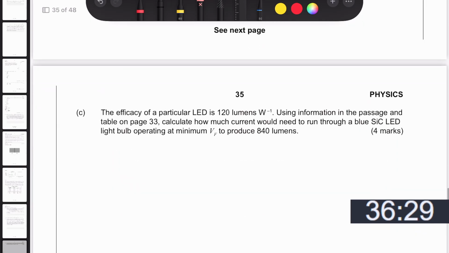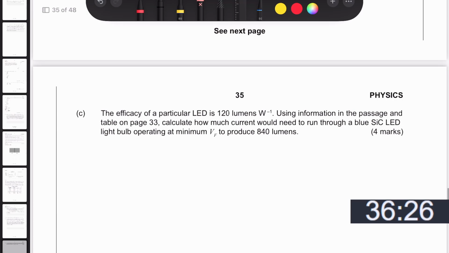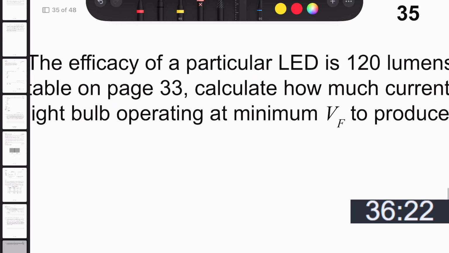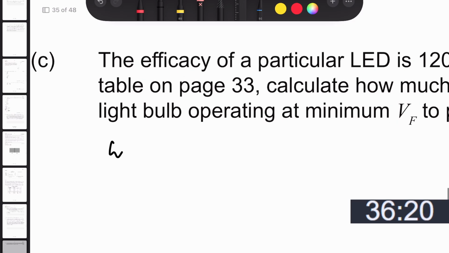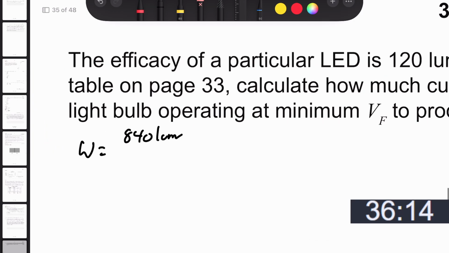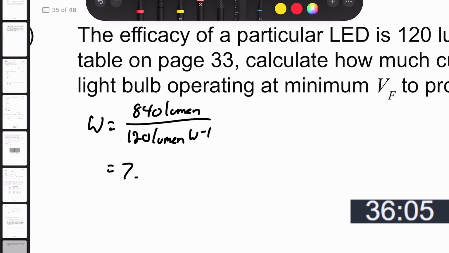So SiC LED is 840 lumens. 840 over 120 lumens per watt. So that's going to be 7 watts.